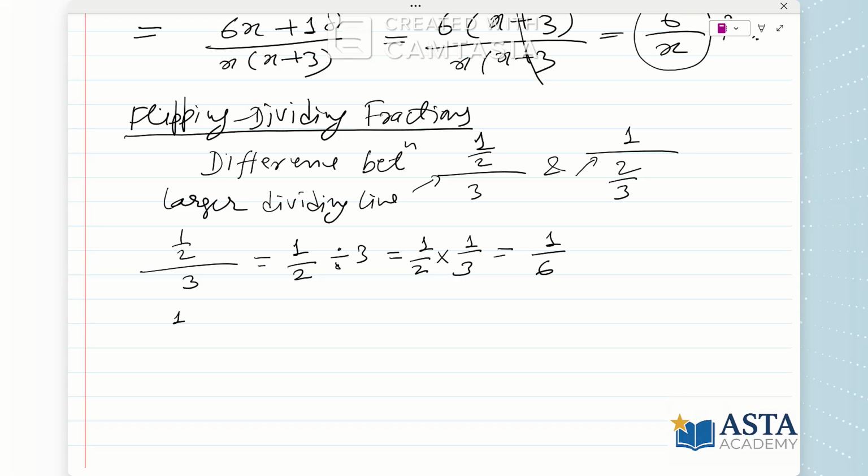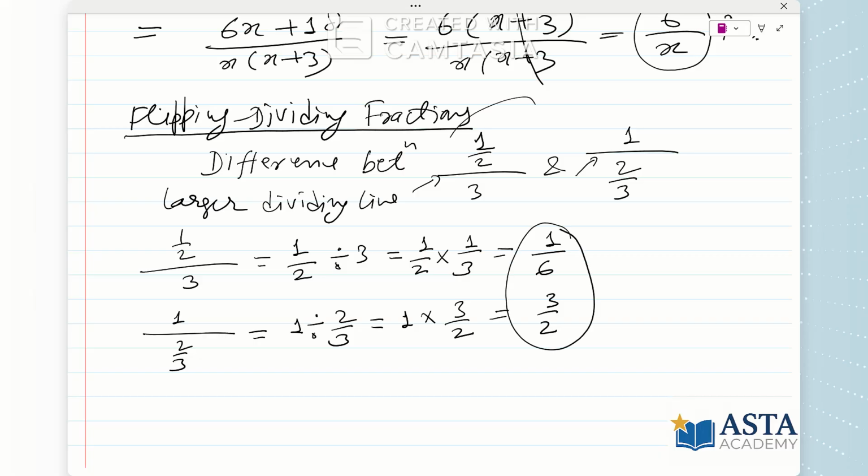In the other case, you have 1 entirely divided by 2 by 3, which is equal to 1 multiplied by the reciprocal, which is 3 by 2, and the answer is 3 by 2. So you see that this is the difference in these two quantities. The answer is different.